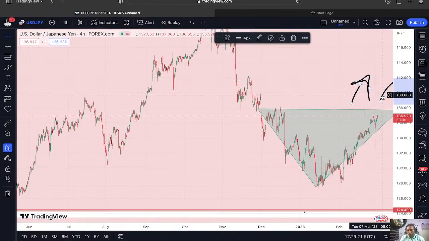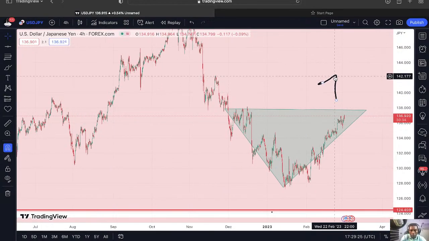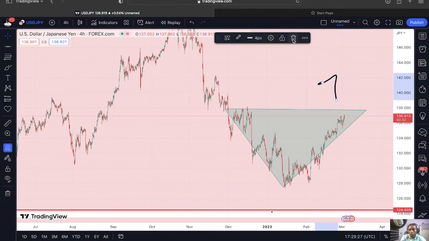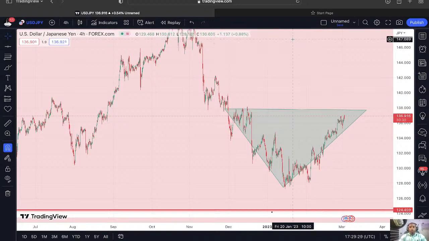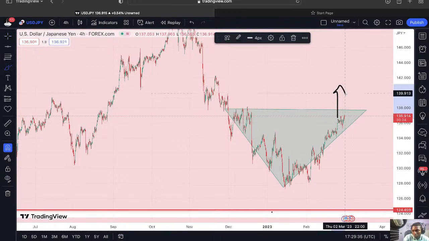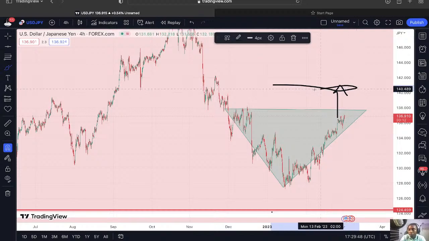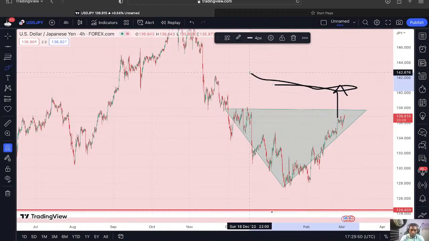Here is the point where we are expecting price to pop out. Now for this place, we will be looking to sell above this level.